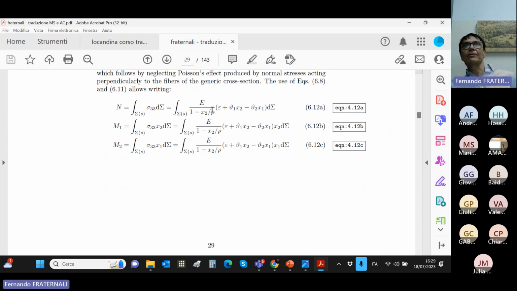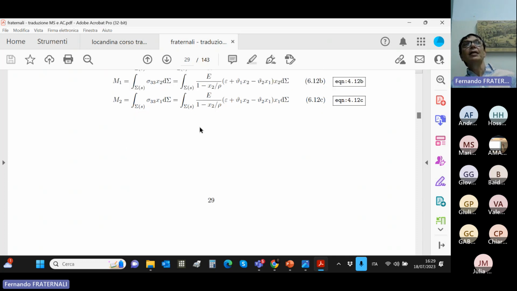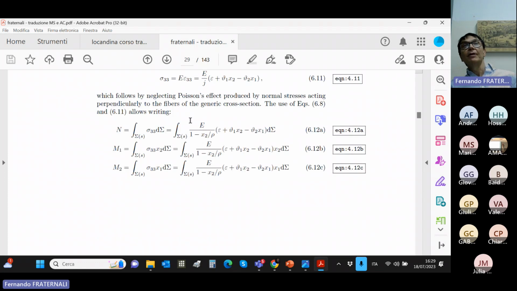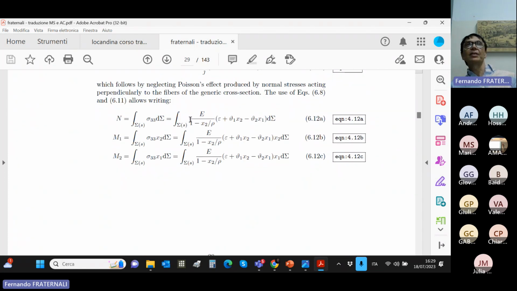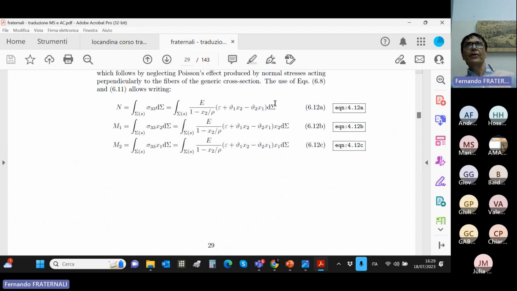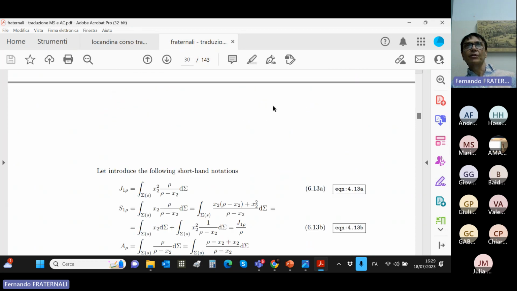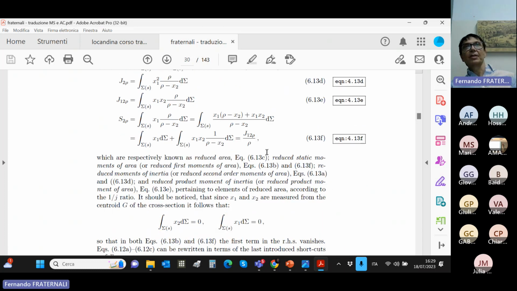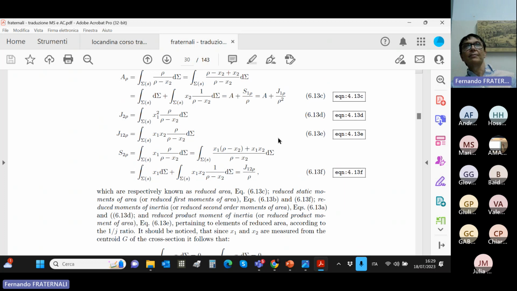Now we will account for this coupling. If we expand, we have to introduce some quantities that are slightly different from those introduced for the straight beam. These quantities are defined below.